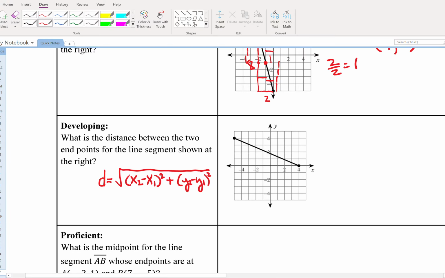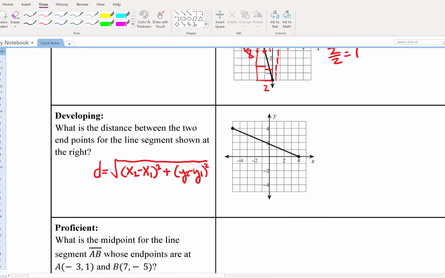Again, there's kind of an intuitive way of looking at this. This distance we can see without taking that subtraction, this is 4. That's that difference in the y coordinates. This distance you can just count, is 4 and then back 5, and so that's 9.